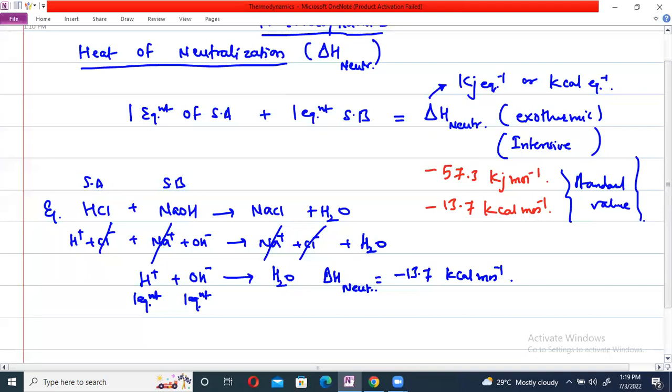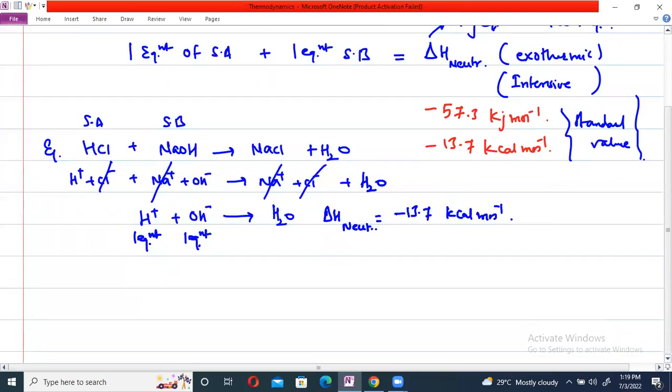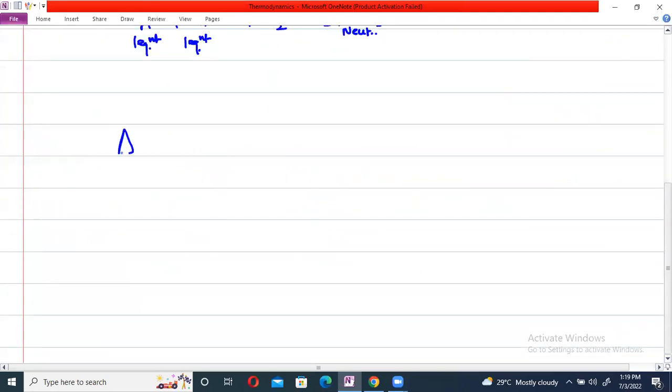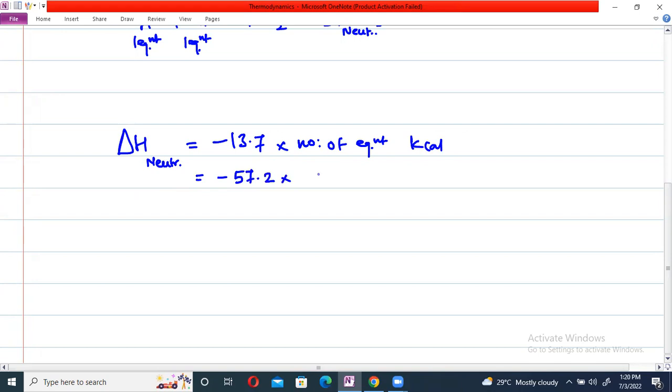Now I will go with one example. If you want to write this in terms of units, we can write it this way also. The heat of neutralization, which we write as minus 13.7 kilocalorie, should be multiplied by the number of equivalents in kilocalorie, or it is equal to minus 57.3 into the number of equivalents in kJ per mole.